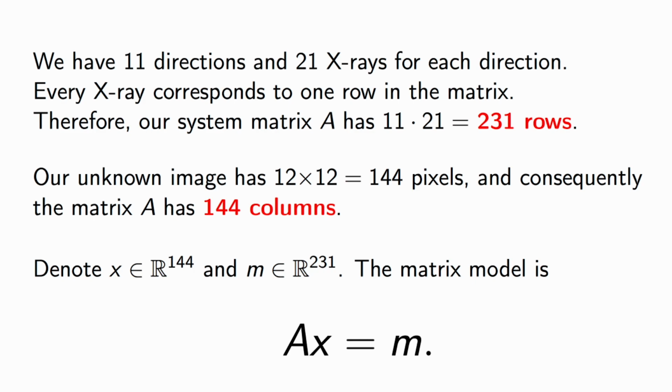Every X-ray corresponds to 1 row in the matrix. Therefore, our system matrix A has 11 times 21 equals 231 rows.